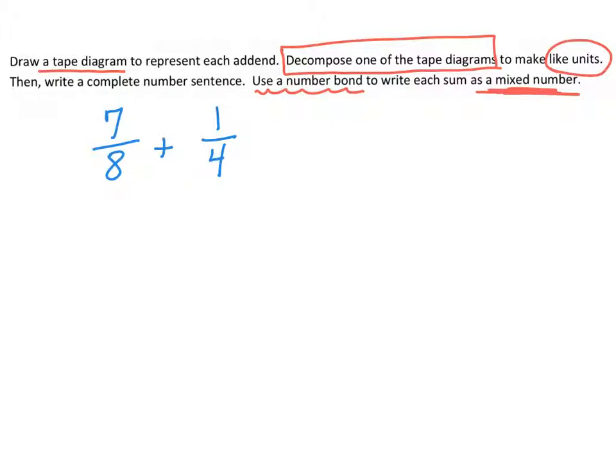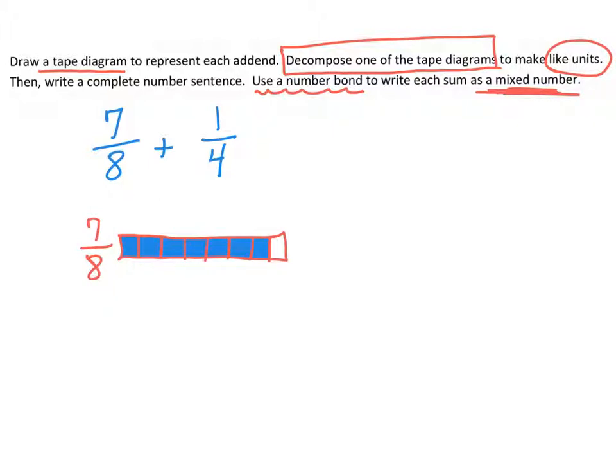So we have to make tape diagrams, and the tape diagrams, remember, have to be the same length. So if we're going to do 7/8, we have to show a tape diagram, and we're going to break this up into 8 sections. Okay, so I have a tape diagram now that represents 7/8.